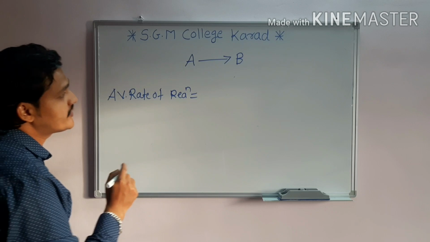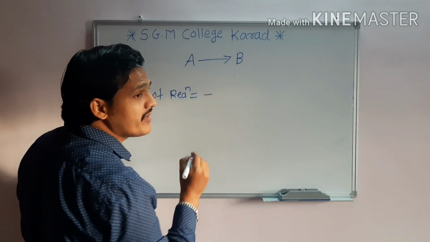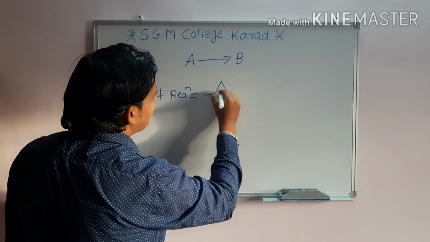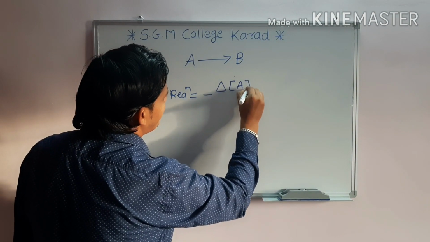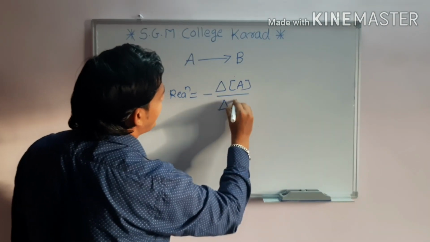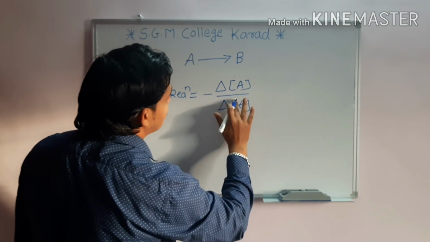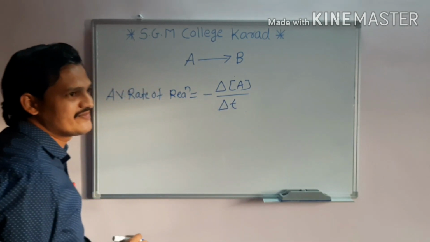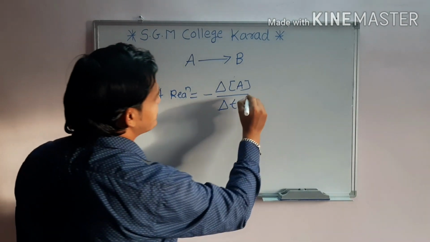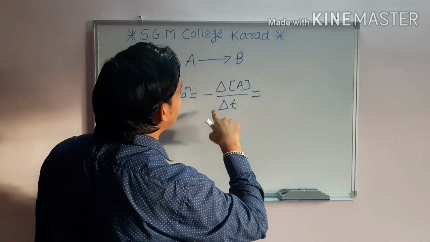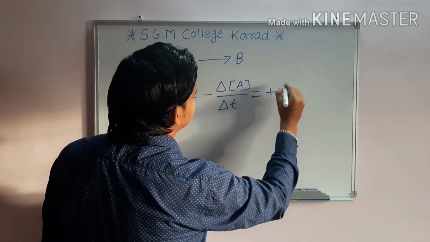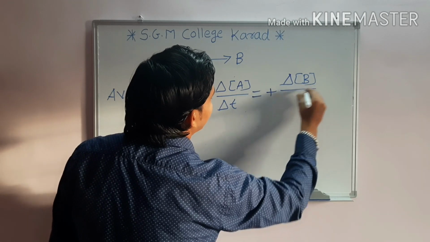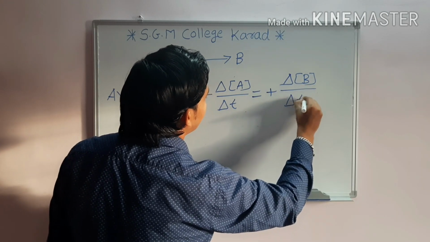So how to write the average rate of reaction? That is in an equal manner, and in the next lecture I will prove why it is equal. Minus del in bracket A divided by del t, time is not expressed in square brackets, only molar concentration is, is equal to plus del in bracket B divided by del t.